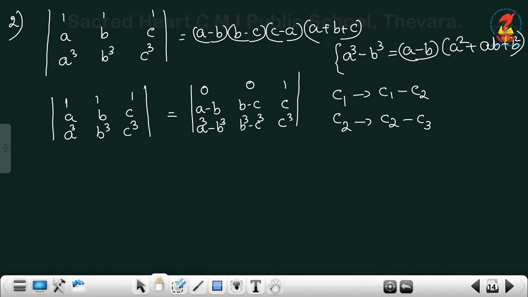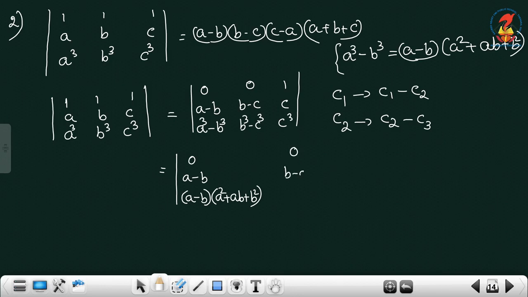Now factorize. 0, a minus b. The factors of a cube minus b cube: a minus b into a square plus ab plus b square. Now the second column 0, b minus c into b square plus bc plus c square, and the last column as itself.